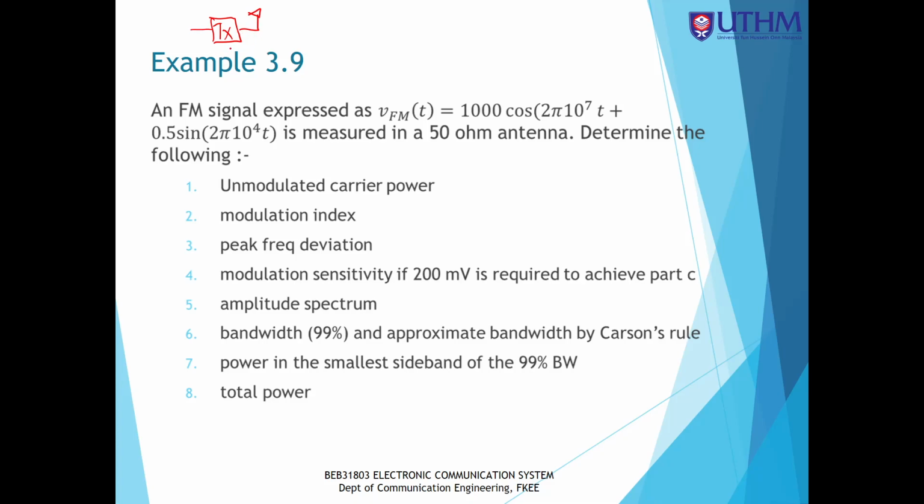The transmitter produces a VFM(t), and this signal is supplied to the antenna, and the antenna will radiate the signal in terms of electromagnetic waves. This 50 ohm is actually referring to the resistance of the antenna. So the antenna receives the signal VFM(t) from the transmitter. It will radiate the signal in the form of electromagnetic waves.